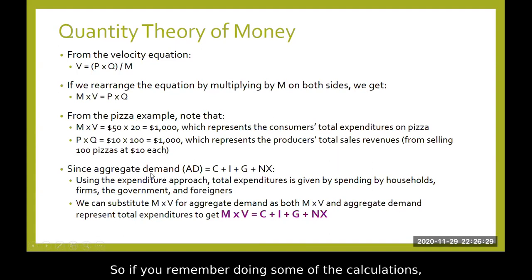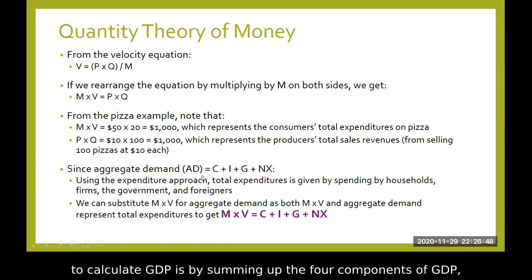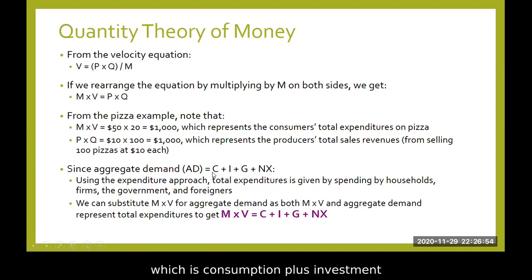If you remember some of the calculations, we had P times Q, the prices of things times the quantity of production, to find the GDP in each year. Before we said GDP is P times Q, and another way to calculate GDP is by summing up the four components of GDP: consumption plus investment plus government spending plus net exports.